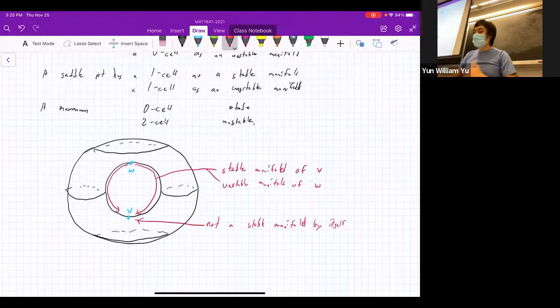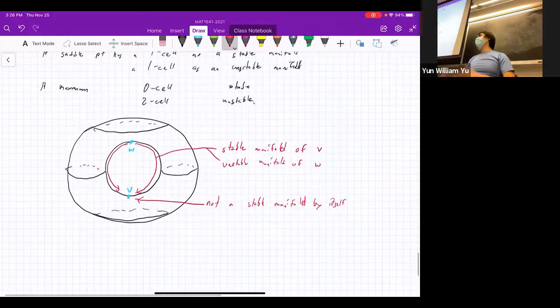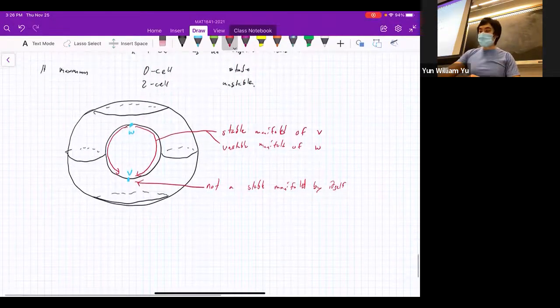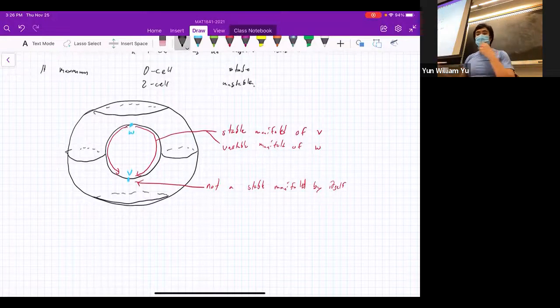Right? Because the stable manifold of V isn't just V, it includes another circle. And so therefore, if you just take the set of stable manifolds for all the critical points, that doesn't actually form a complex because it's possible that the boundary isn't the union of lower dimensional stable manifolds of critical points. And this is a bit of an issue. And this is the reason why we can't just use these stable manifolds as our cellular complex.